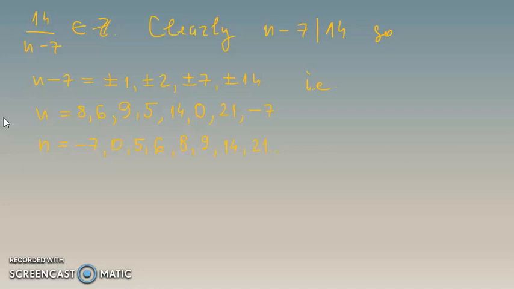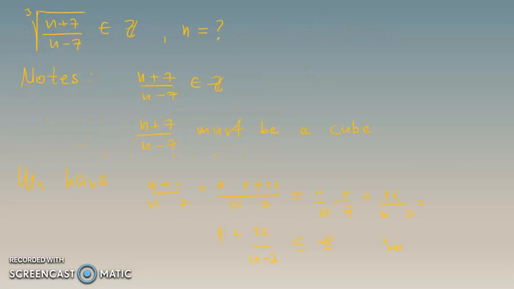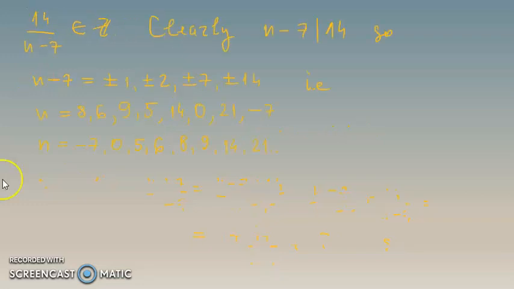But that doesn't guarantee that we will have a perfect cube here. Because of that, we must check what happens with the fraction n plus 7 over n minus 7. Let's make a table. Let's denote A as n plus 7 over n minus 7. And let's make one table for these n's.